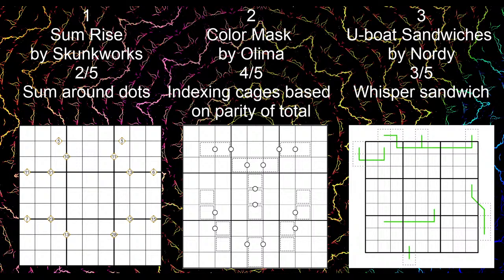So the first one is by Skunkworks. I'm not sure who the authors of it were. It has a pretty good 90% rating on LMD. I think it's pretty good. I'm not sure what the difference between some dots and killer cages is.